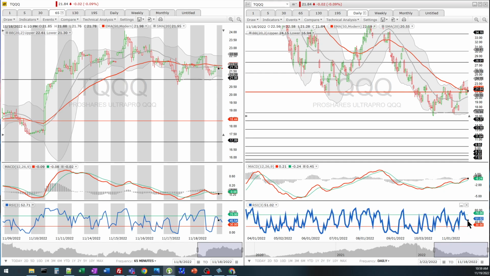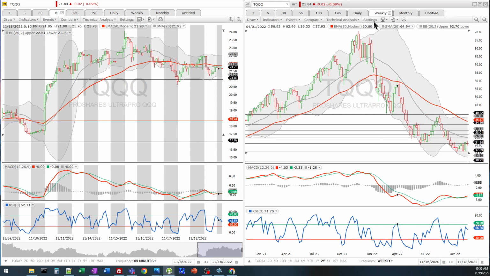Higher lows, higher lows. Look at the RSI where it stopped on Friday, right smack in the middle, flattening out. It's positioning itself to go up. This is not indicative of going down at this time, right? Okay, so that's the daily.